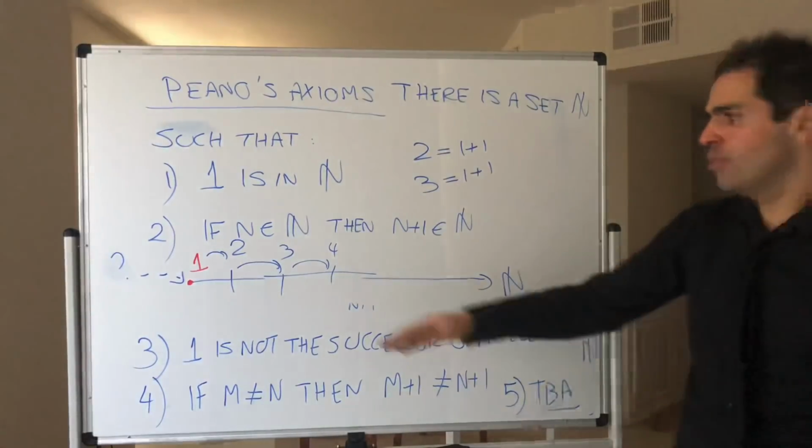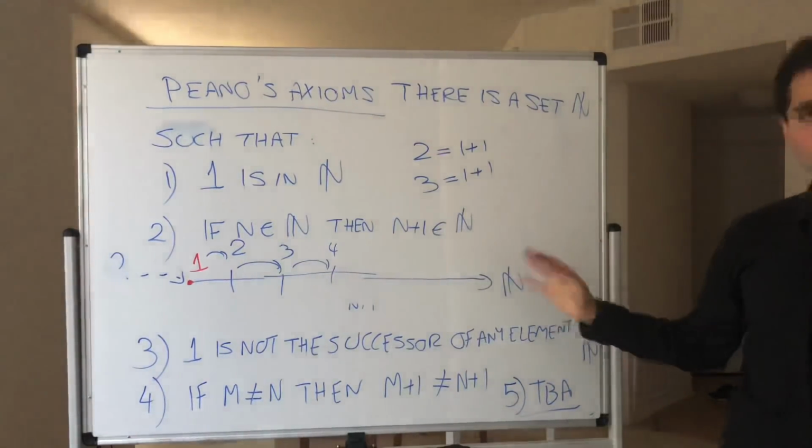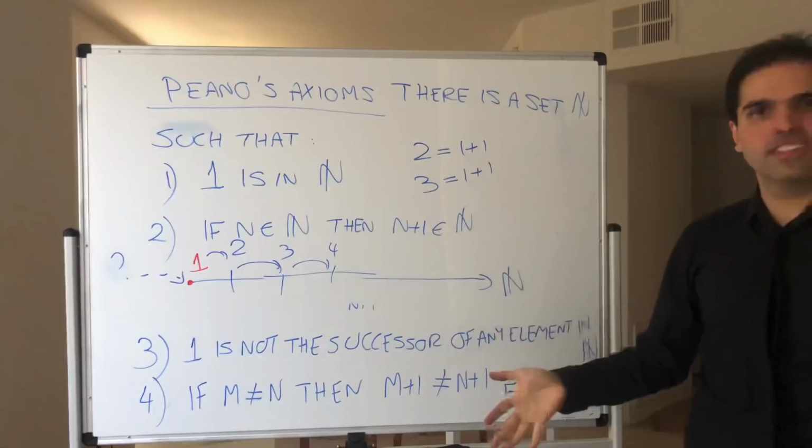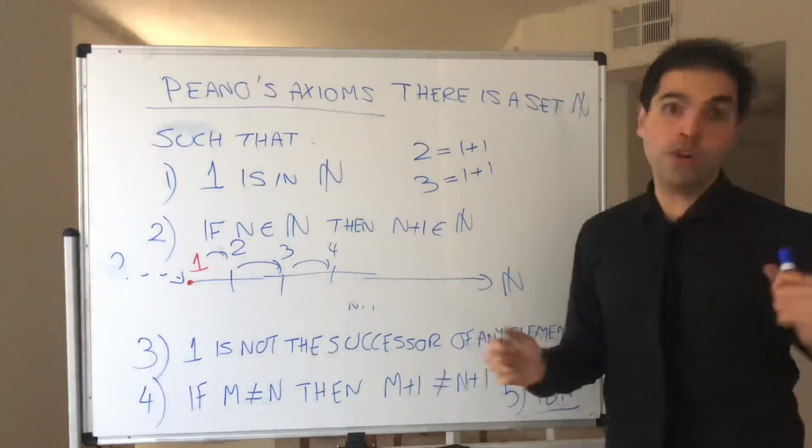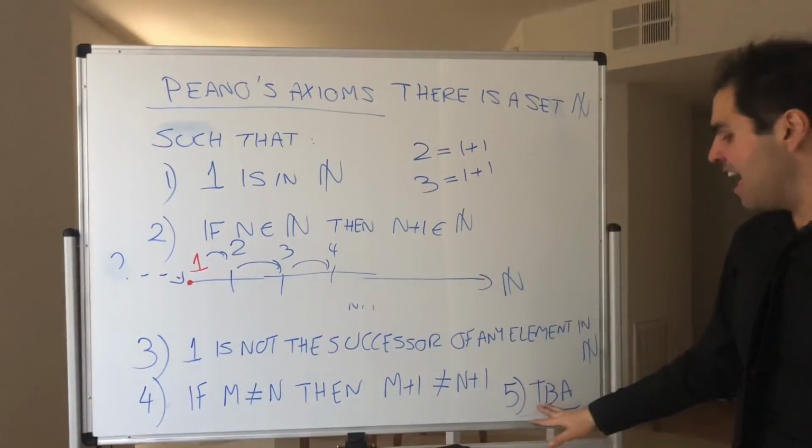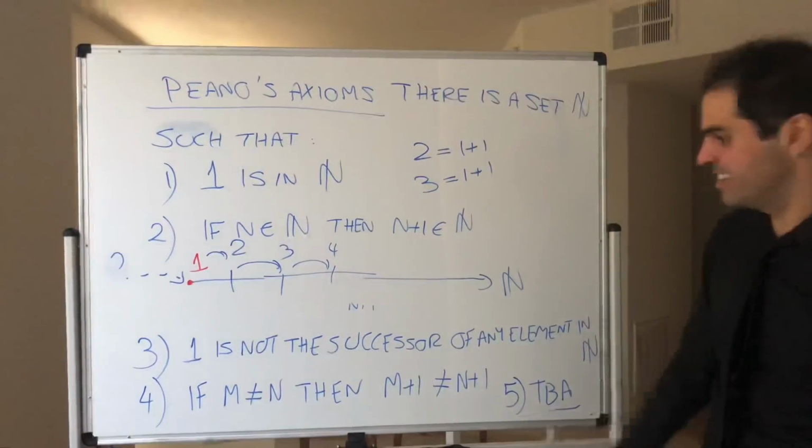Is it possible to reach all the natural numbers by just taking successors? It turns out the answer is yes, and that is what this last axiom is saying.